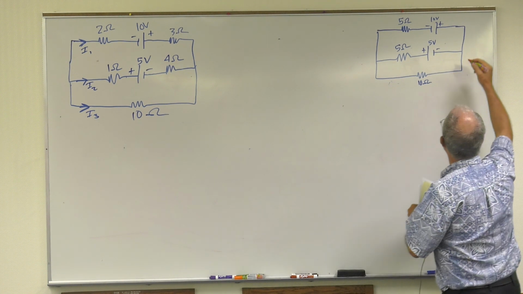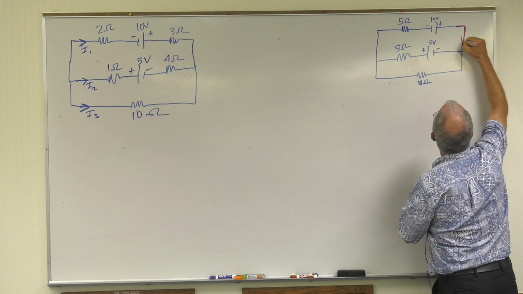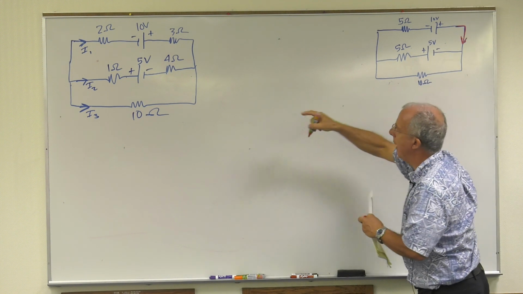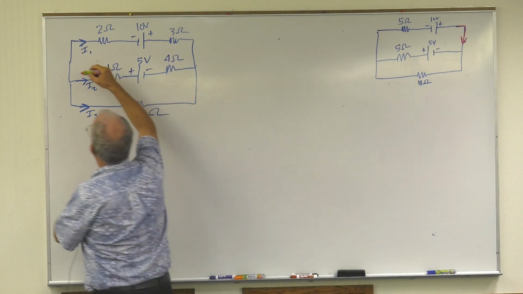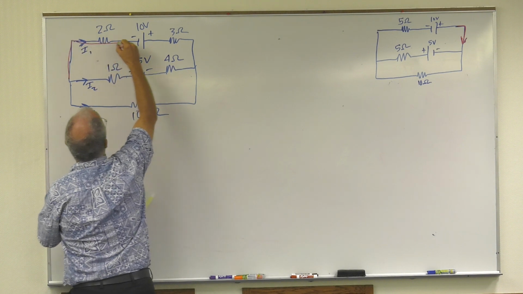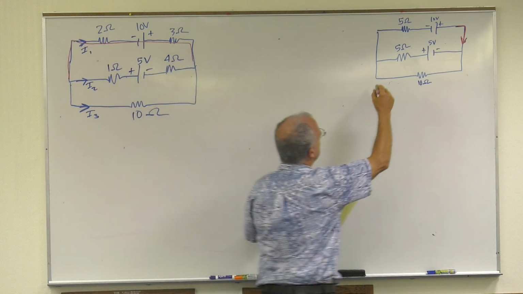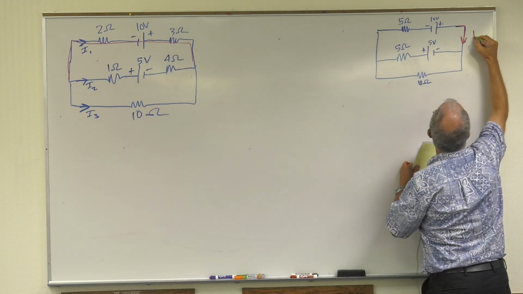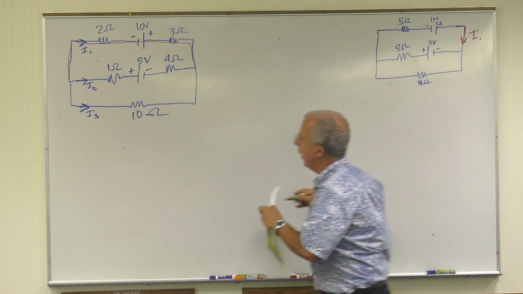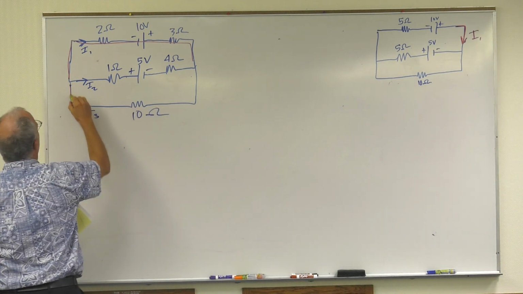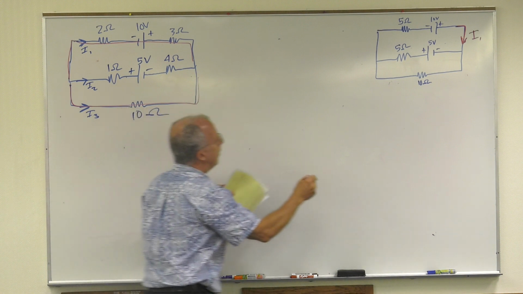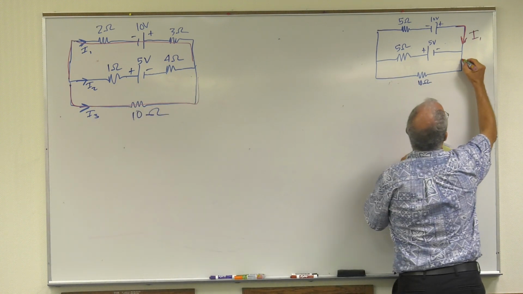All right, so we're going to say that this here, we kind of want to copy that as much as we can. So again, this wire is I1, right? So we're going to say this is I1, so that's cool. We'll keep that. Then this wire is I3. Yeah, we'll keep that.